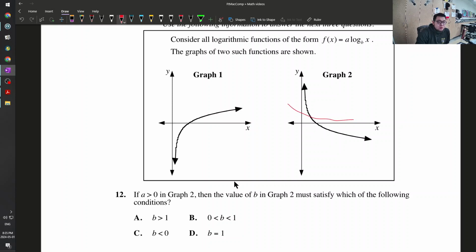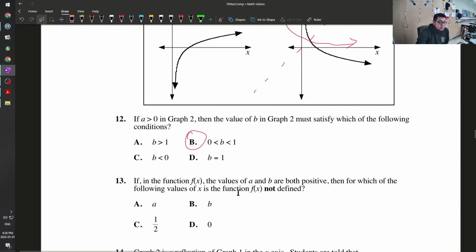That means the original, if I take a look at the exponential function, it looks like this, as it has been reflected across the x equals y line. And we know this exponential function is when b is between 0 and 1. So 12 is going to be B. Or again, you can just plug in some numbers, see what it looks like.